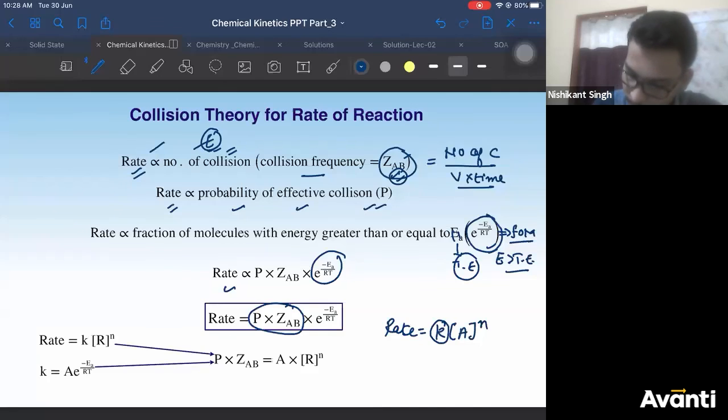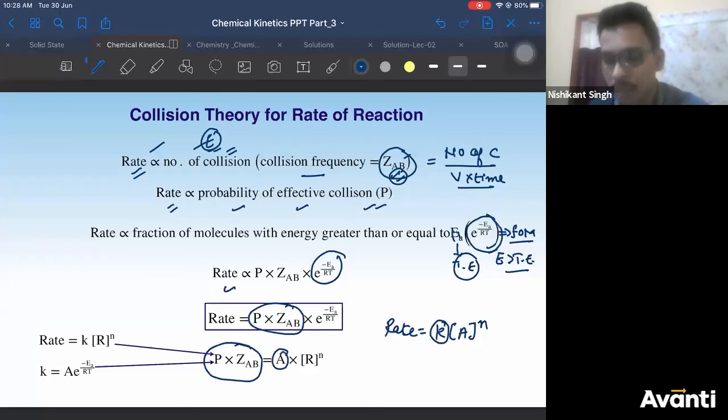P into ZAB represents your A constant, and e to the power minus Ea by RT. So what you can do here is you can write it like this.